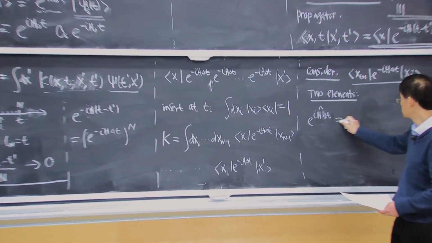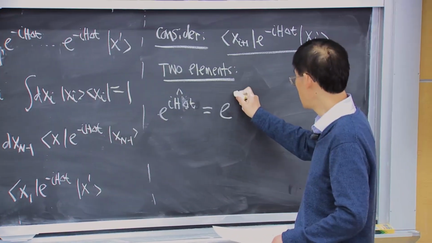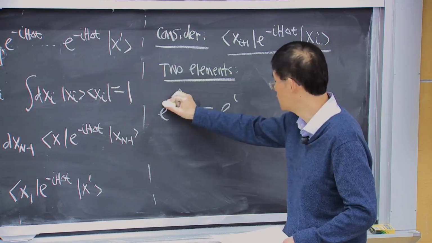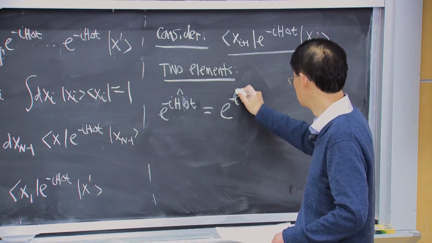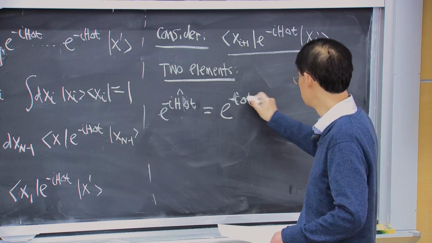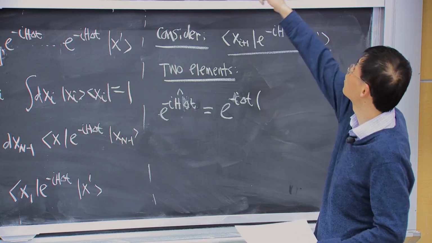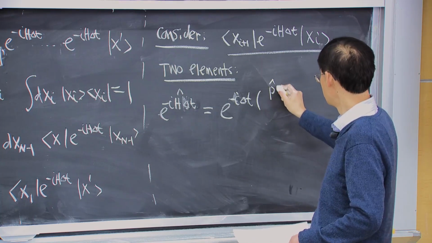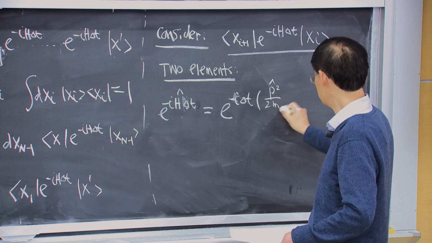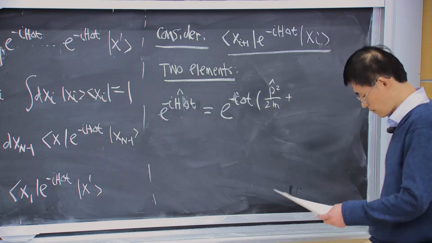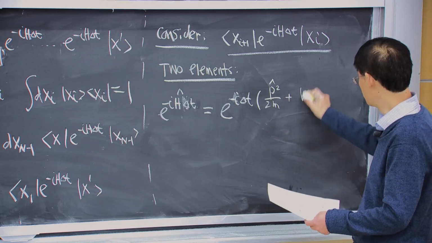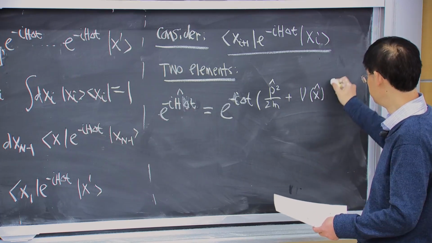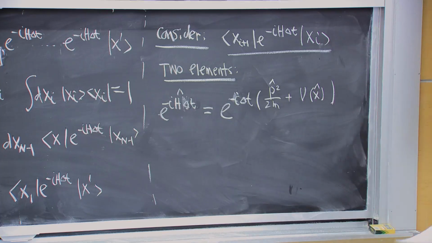So if you write this explicitly, this is minus i delta t, and then you have p squared divided by 2m, and let me also put the hat to emphasize the operators, v hat.